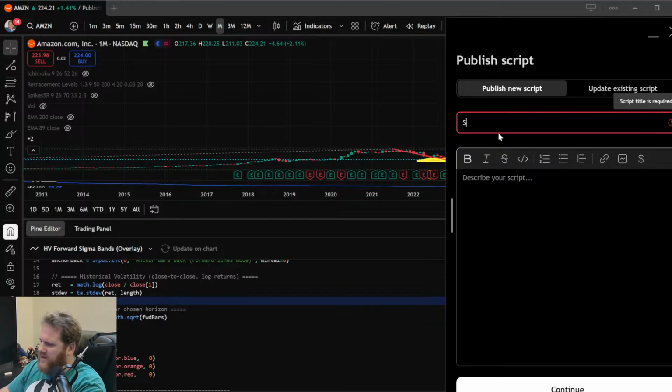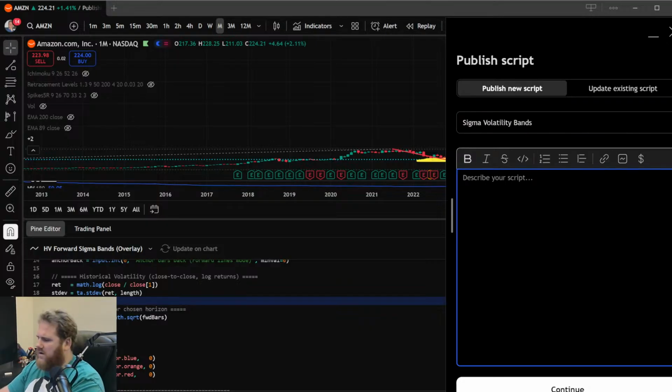So what do we call this? Sigma volatility bands. I want to make sure that I document it. Let's say this indicator displays bands of potential future price based on historic realized volatility.